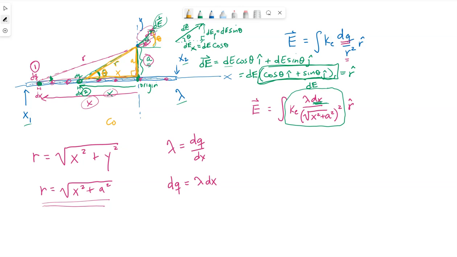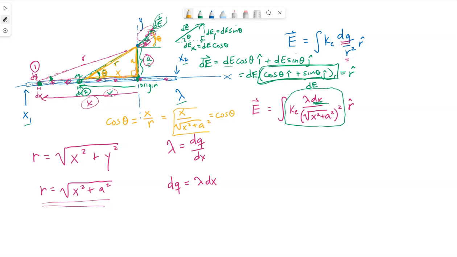So in that triangle, the cosine of theta is going to be x over a. That's so not true. Good grief. Sorry. Cosine of theta is adjacent over hypotenuse, r. And we know r is the square root of x squared plus a squared. So this is the cosine of theta.